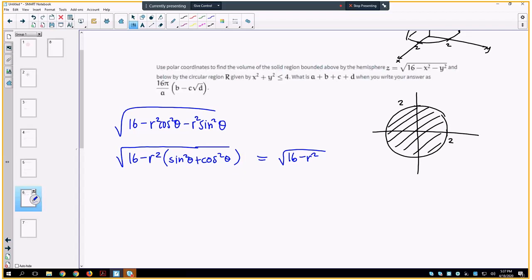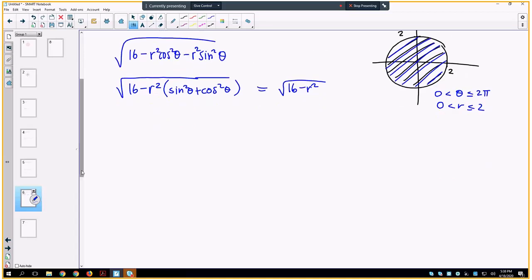And we already said that our region of integration is here. So in this region, it looks like my angle theta is running between 0 and 2 pi, and my radius r is running between 0 and 2. So I'd like to set up the integration as integration 0 to 2 pi, the full circle, 0 to 2, my function, square root of 16 minus r squared, and then remember I get r from my Jacobian, r dr d theta.